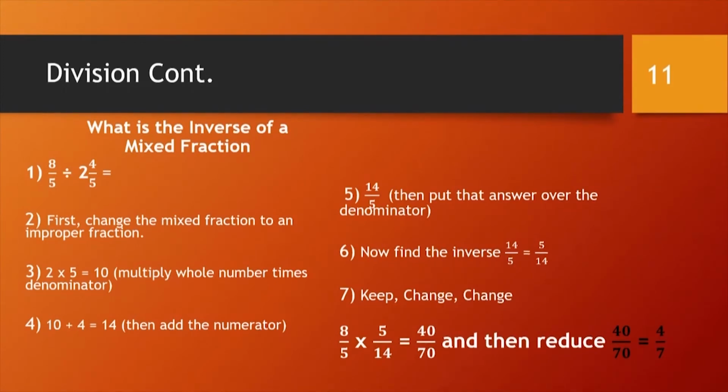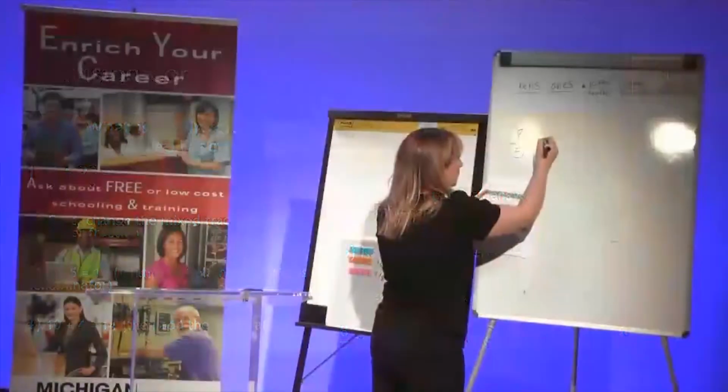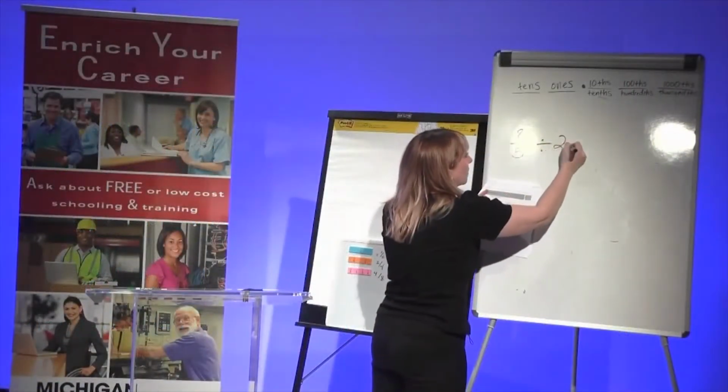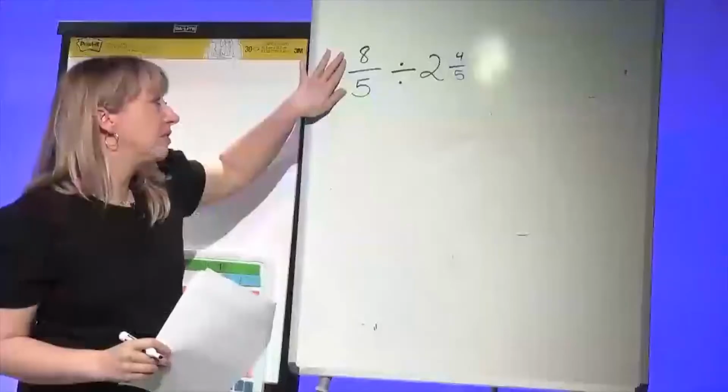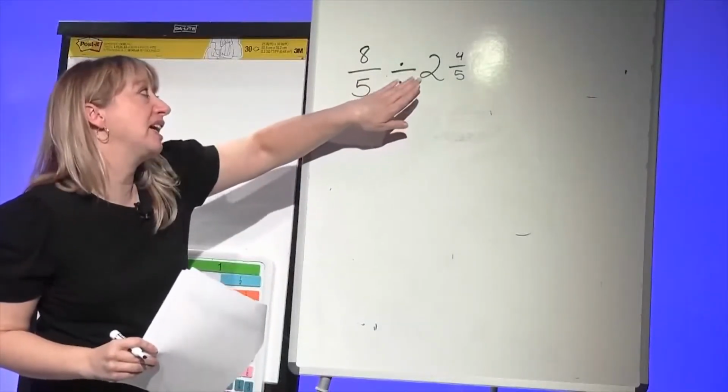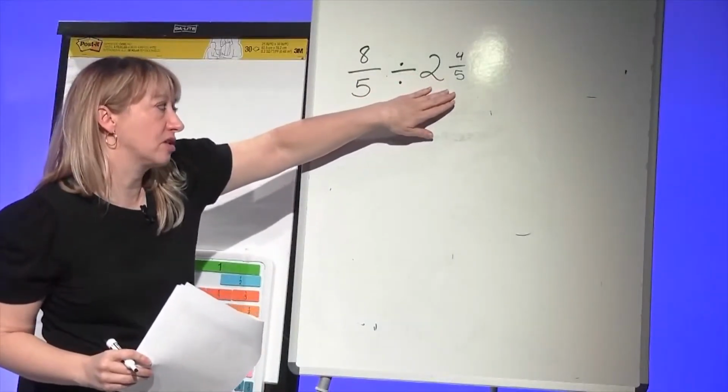And then the next fraction is a mixed number. You can't just divide or multiply with mixed numbers. You have to first change them to an improper. Okay, so again, I have an improper fraction. I'm dividing it by what we call a mixed fraction or a mixed number.